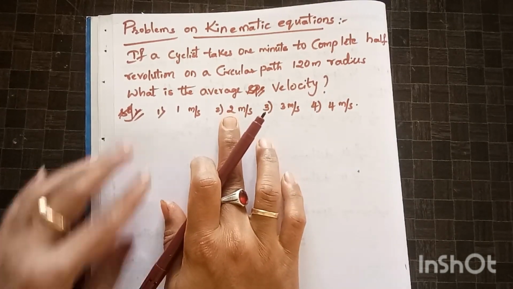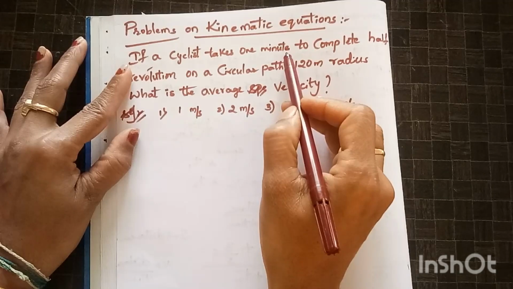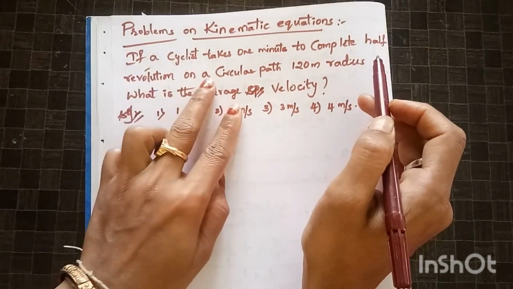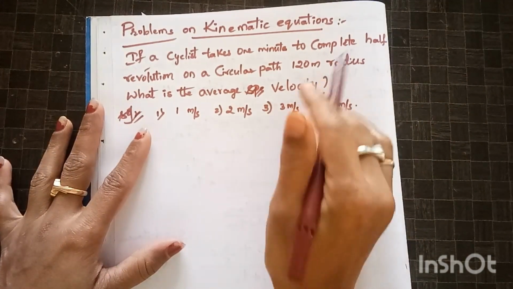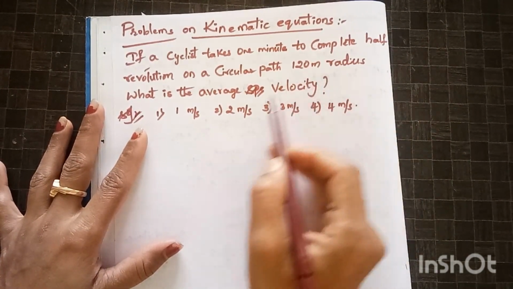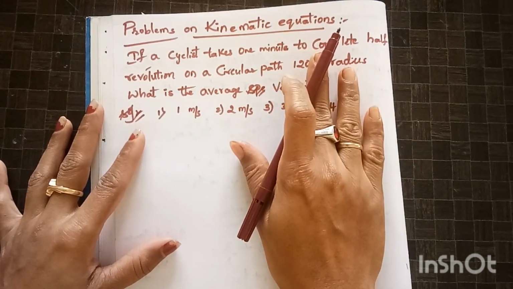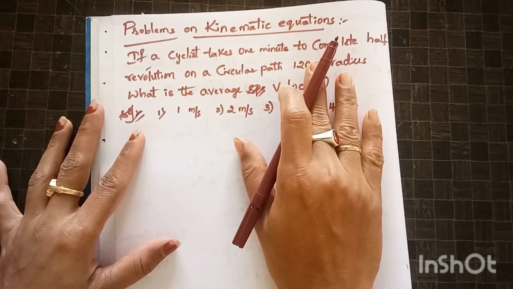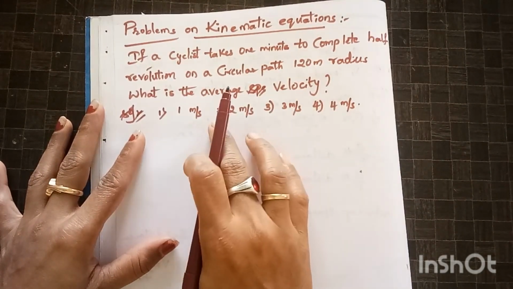So, first problem: if a cyclist takes 1 minute to complete half a revolution on a circular path of 120 meters radius, what is the average velocity? He said that the person riding a cycle is moving in a circular path.